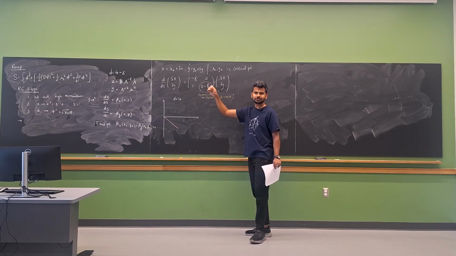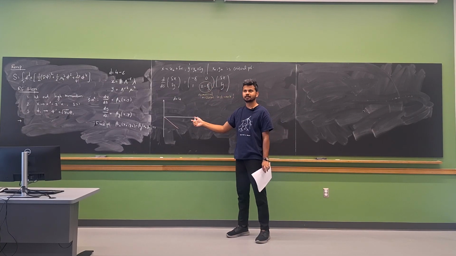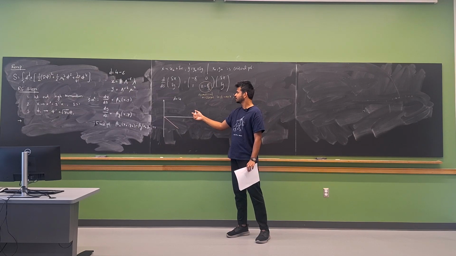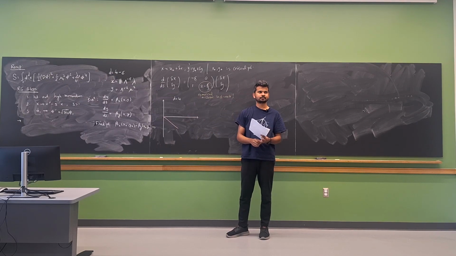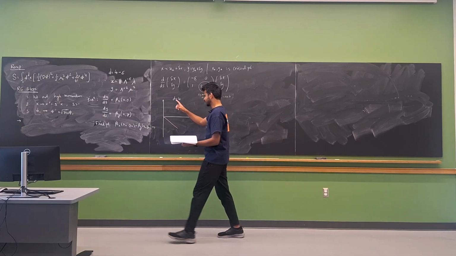For epsilon equal to 0, the critical point merges with the Gaussian fixed point, which is what I'm going to draw now.